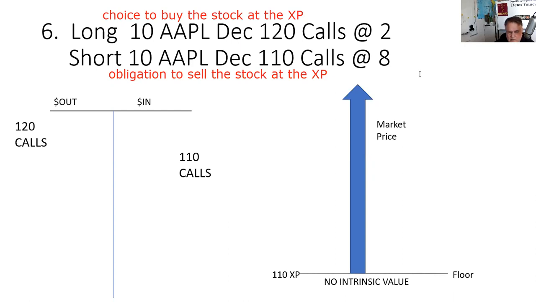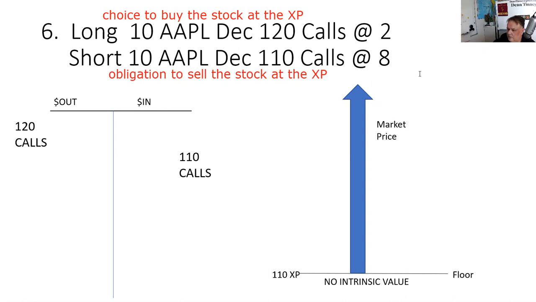Now, the next thing you've got to be able to do on your test, once we've determined that this is a spread, is determine whether it's a credit or a debit. A credit is more money in than out, and a debit is more money out than in. The way we're going to do that is net the premiums.